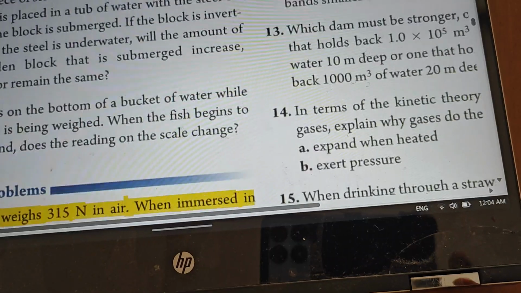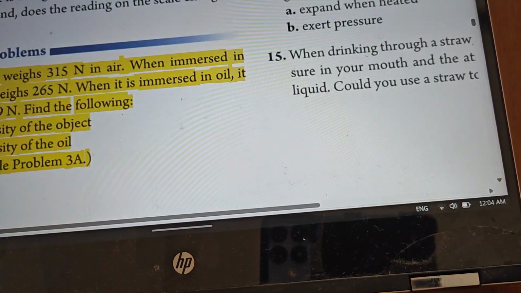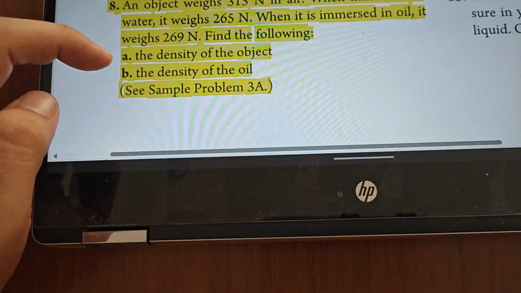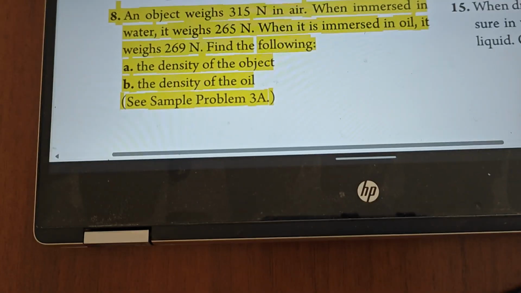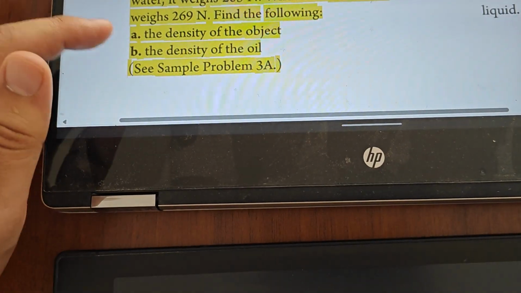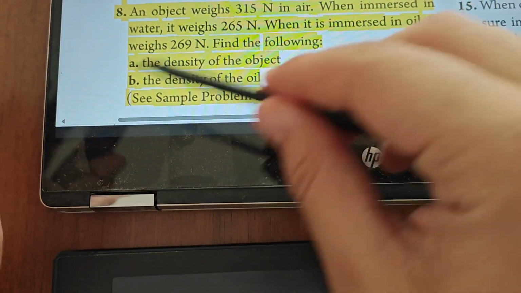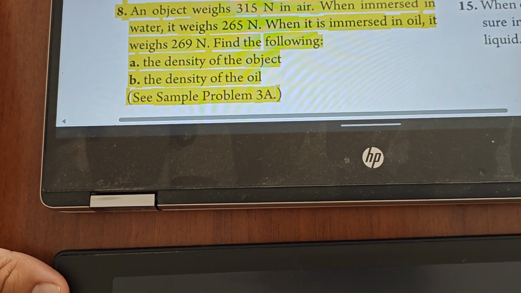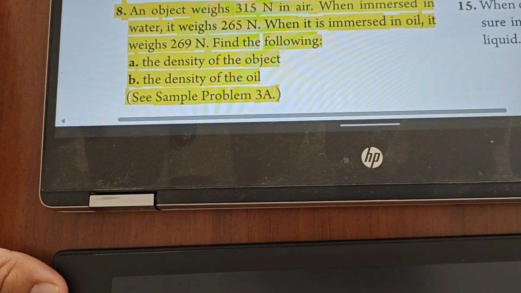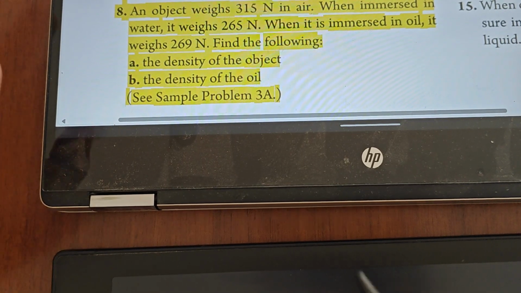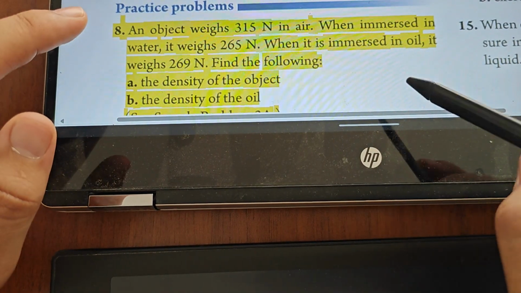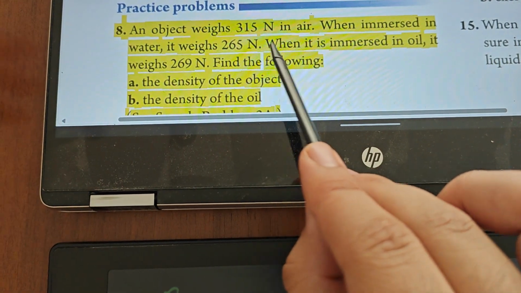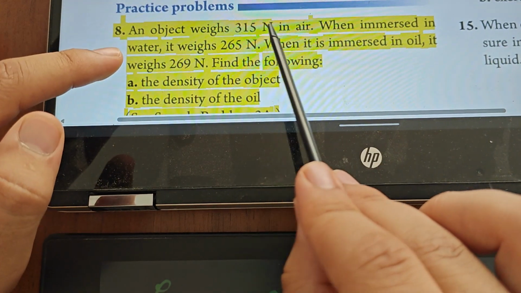Then question 8, in here we have a solved example. This example we actually solved already. That's okay, never mind, I'm going to solve it again for you, like a review. An object weighs 350 Newton in air. So Fg object in air is equal to 350 Newton. When immersed, this object sinks in the water, then the weight is going to change.